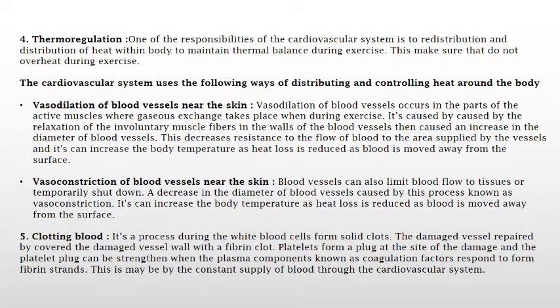Five. Clotting blood. It is a process during which the white blood cells form a solid clot at the damaged vessel, required to cover the damaged vessel wall with a fibrin clot. Platelets form a plug at the site of the damage, and the platelet plug can be strengthened when the plasma component known as coagulation factor responds to form fibrin strands.